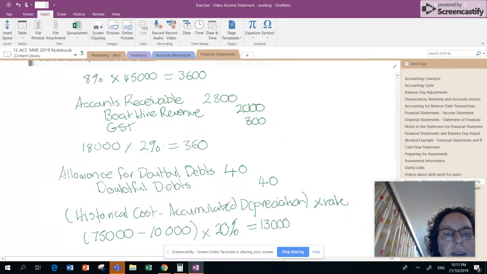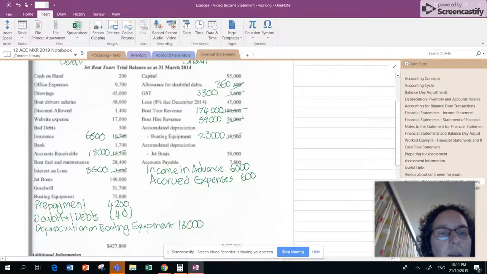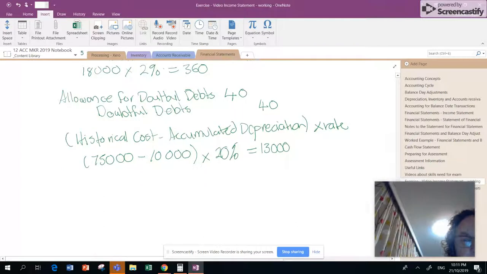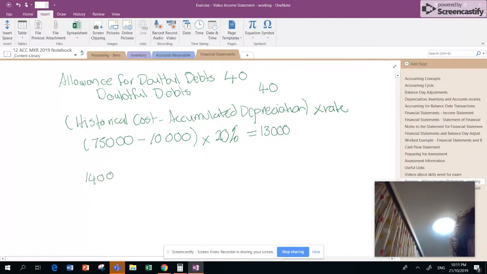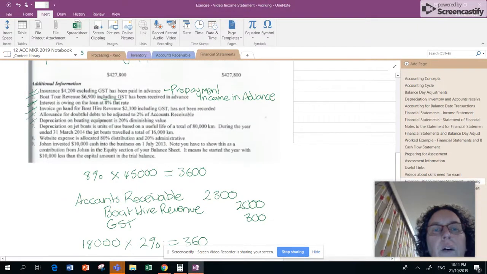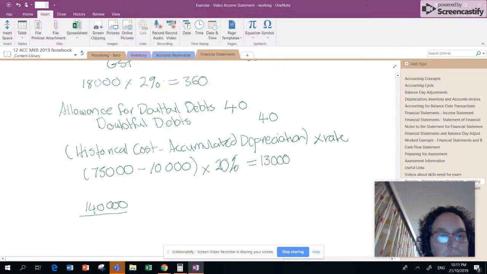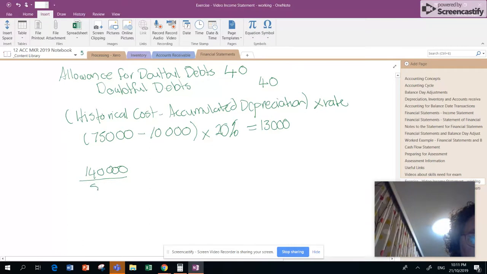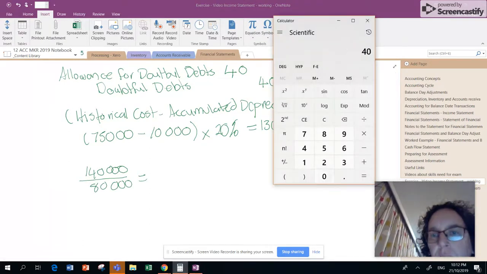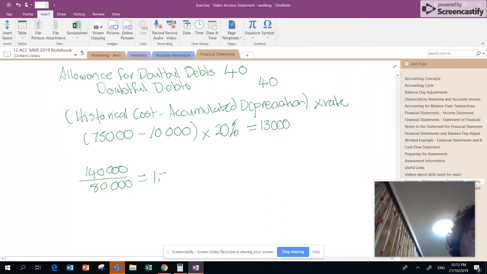So we take the historical cost of the jet boats, which is 140,000, and divide it by how many units expected over its life, which is 80,000 kilometres. So that means that we got 140,000 divided by 80,000 gives us 1.75 per kilometre.